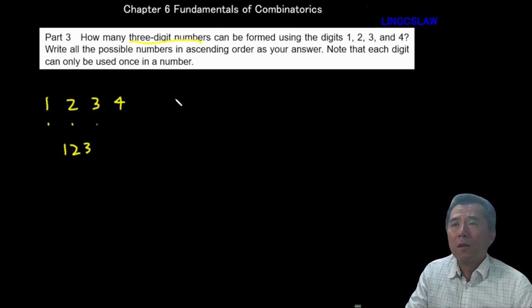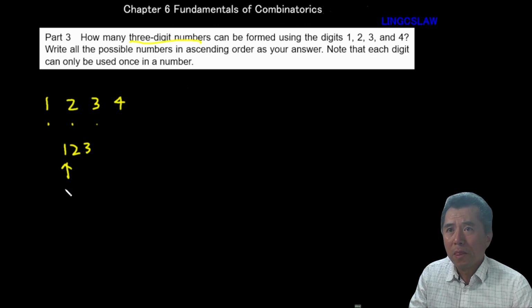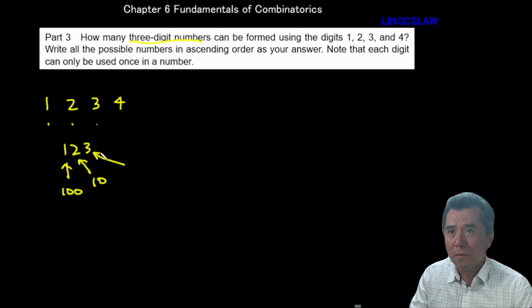So let's say the first choice will be the hundreds place, the second choice will be the tens place, and the third will be the ones place.